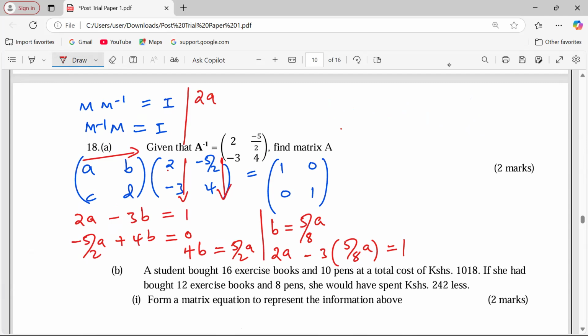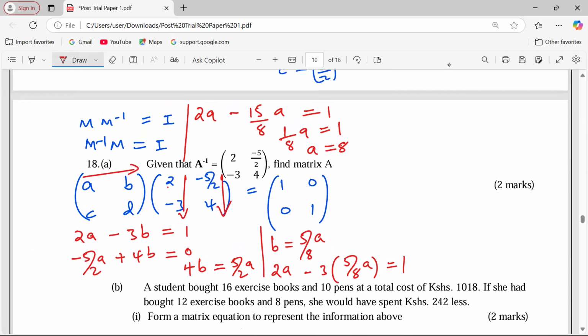So 2A minus 15 over 8A equals 1. Therefore, I take 2 minus 15 over 8, and I'm getting an eighth. So an eighth A equals 1, meaning that A equals 8. So the value of A is 8.